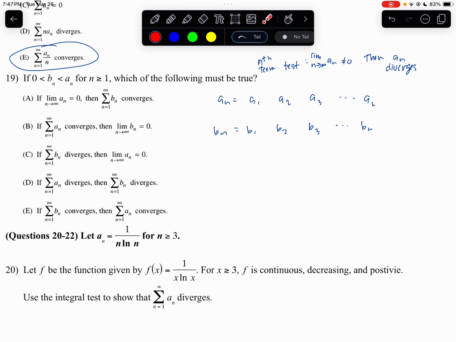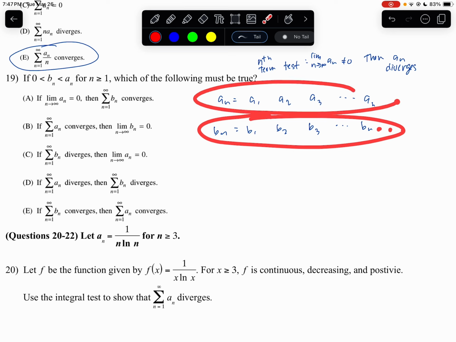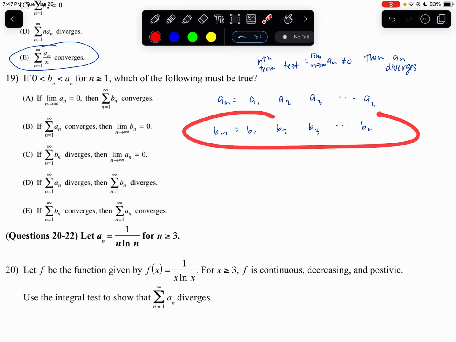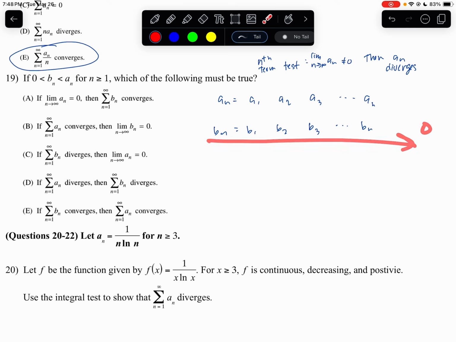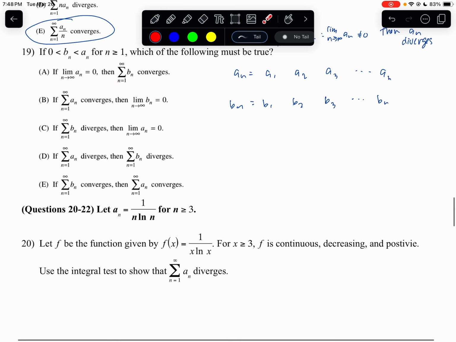But the reverse does not mean that it's true, if that makes sense. So if this one converges, then by comparison this one would have to converge, right? So then it makes sense that the terms of this would go to 0. So I'm liking this one, but let's read on.